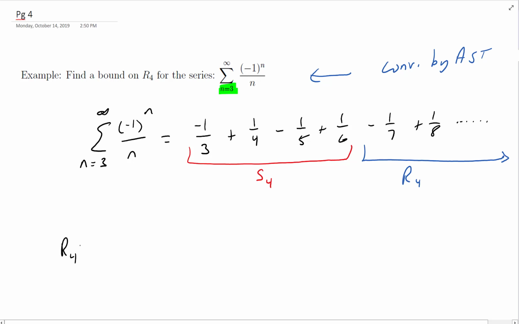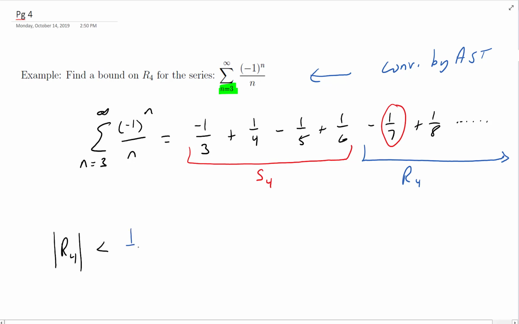that R sub 4 in absolute value, because we don't want to care about if it's bigger than the sum or less than the sum. In other words, what type of error are we dealing with, positive or negative? Well, that's less than the next term. Now, the next term, folks, is the 1/7. Disregard the negative sign.